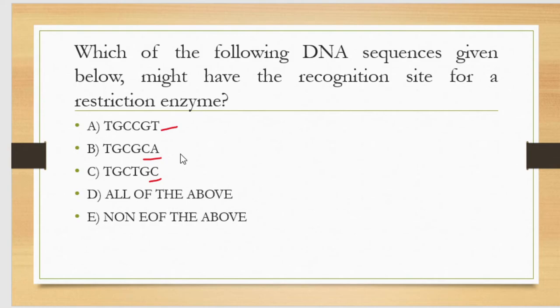What you need to do is remember something called palindromic sequences. Restriction enzymes recognize palindromic sequences, so you can identify which of the following is the recognition site for these enzymes. What does palindromic sequence mean?